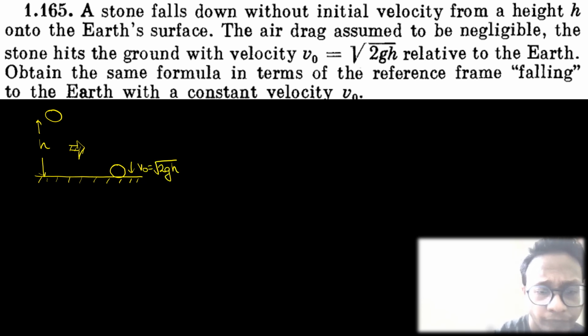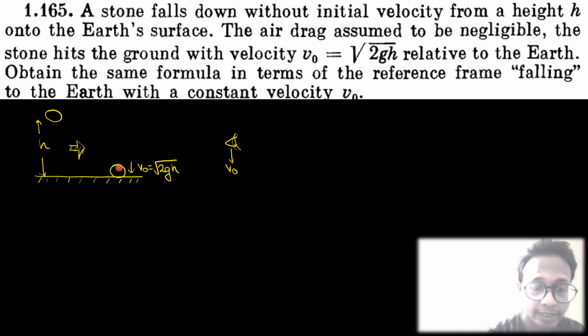This much is known. What the question is saying, suppose an observer was traveling downward with velocity v naught. There is an observer that has a constant velocity v naught in downward direction. He faces no acceleration, only a constant velocity of v naught downward, where v naught is equal to under root of 2gh.